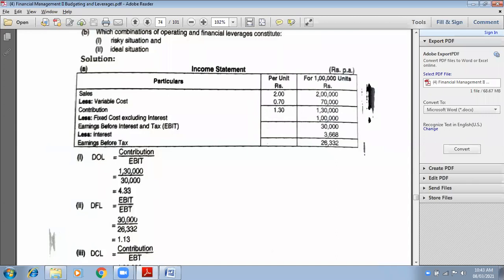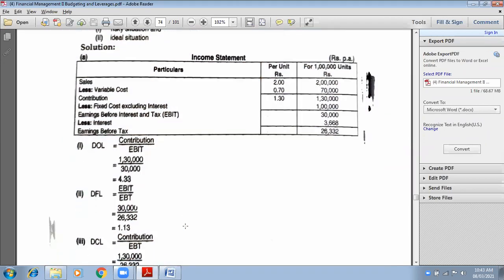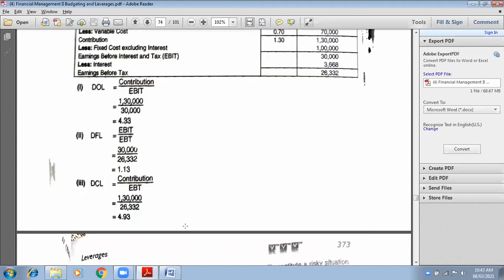DFL is EBIT upon EBT. EBIT is 30,000, and EBT is 26,332. Very good. You divide both of them and you get the answer. And the last, the DCL formula, is contribution upon EBT.